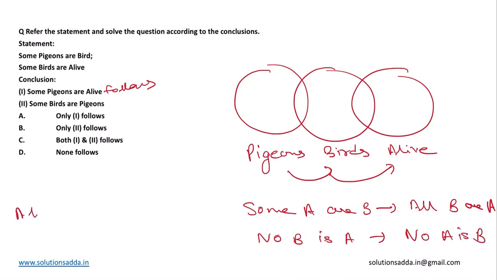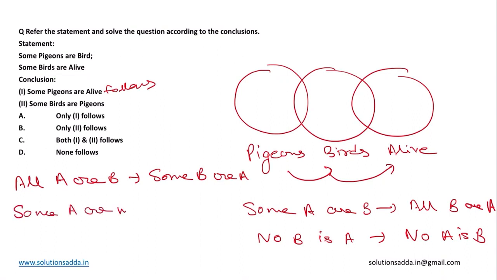Also, when all A are B, it also implies some B are A. And some A are not B is not convertible.